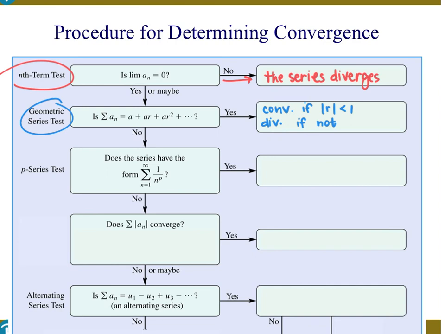So if it's not geometric, we move on. Okay, can it be a p-series? Well then if it is that, then it is convergent if p is greater than 1, divergent if p is less than 1. If it's equal to 1, inconclusive.